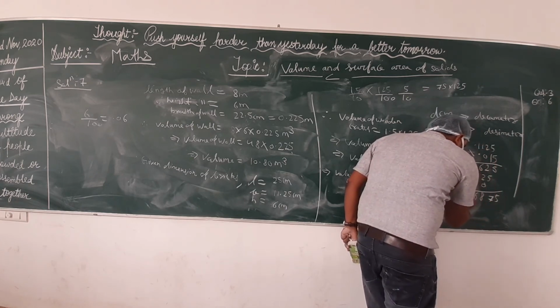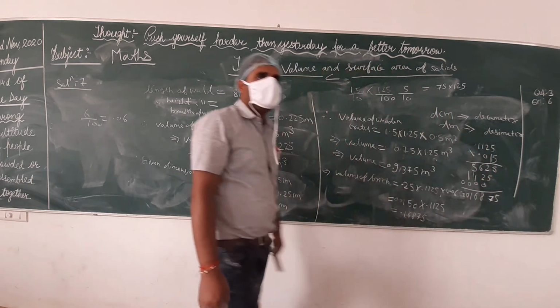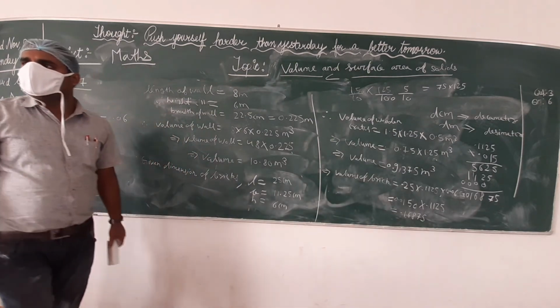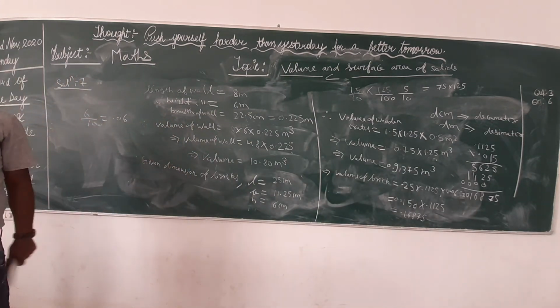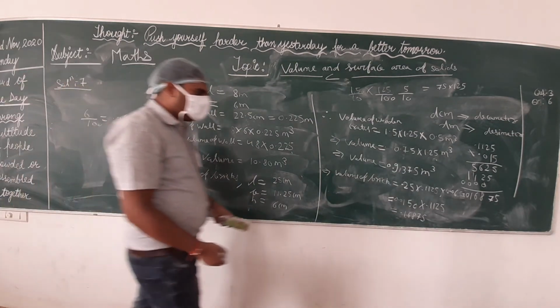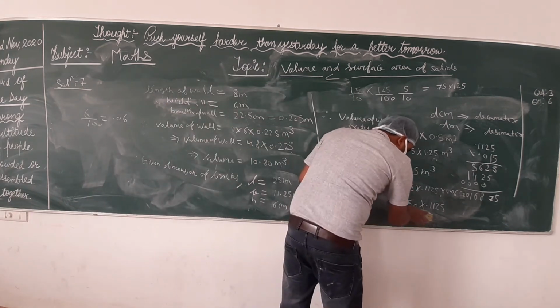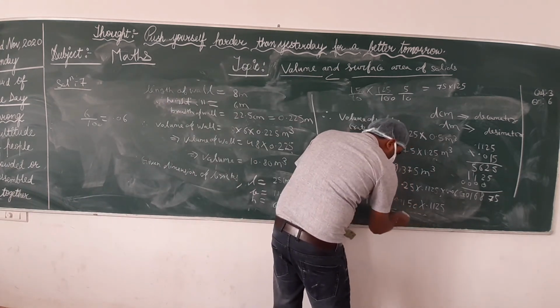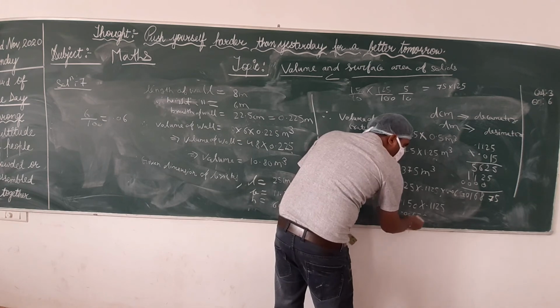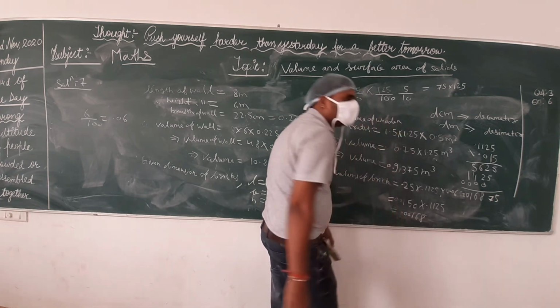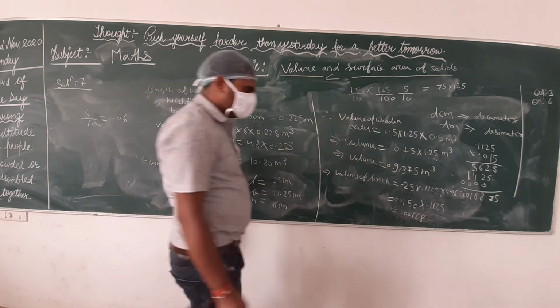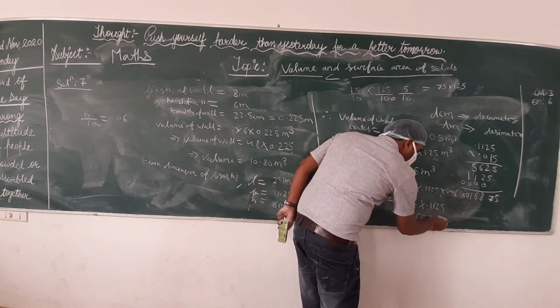Yes, 0.00168 has to come. It means the volume of one brick is 0.00168 75. Clear? Anyone have any problem?